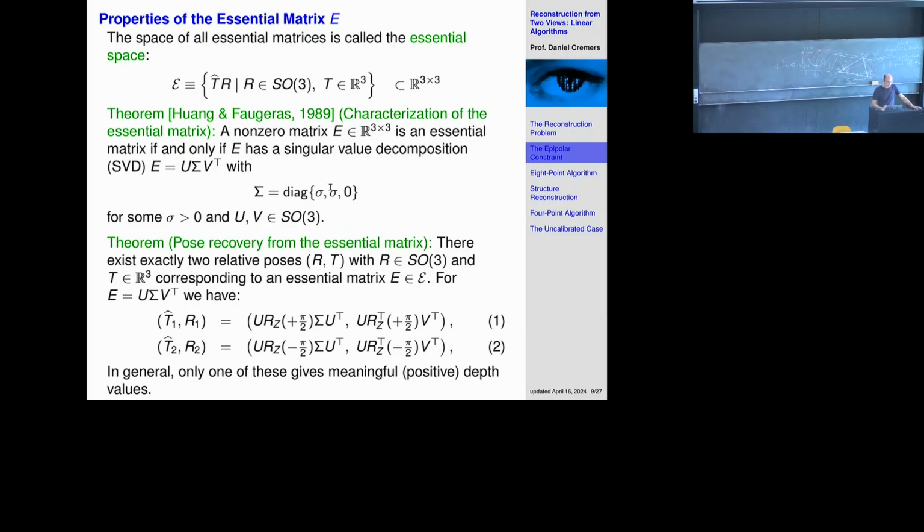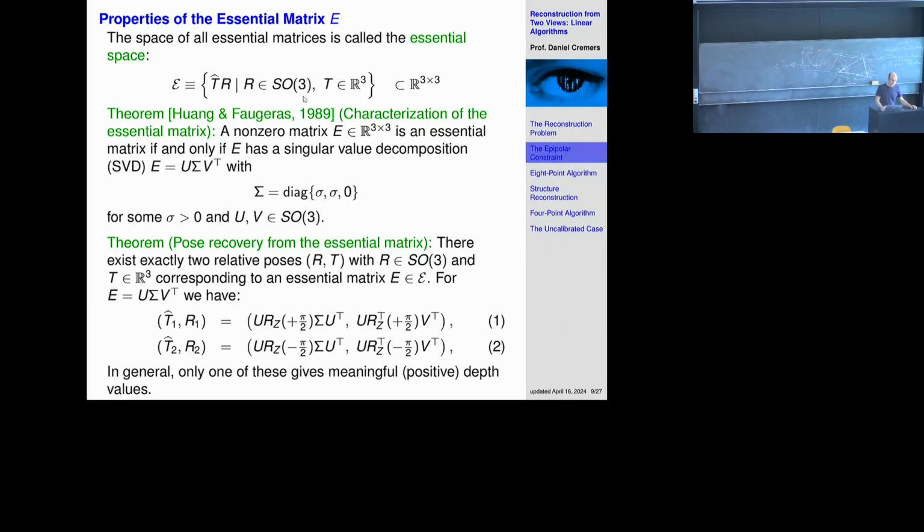So let's look at these essential matrices. They form a space called script E, which is 3x3 matrices of the form T hat R, where T is a translation vector and R is a rotation matrix of SO3.